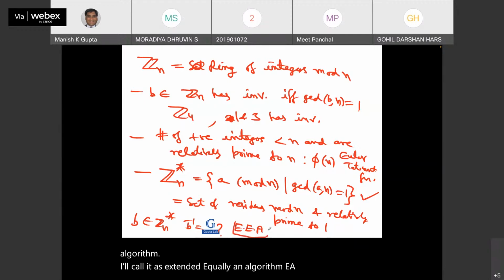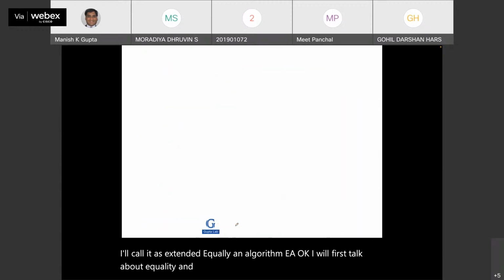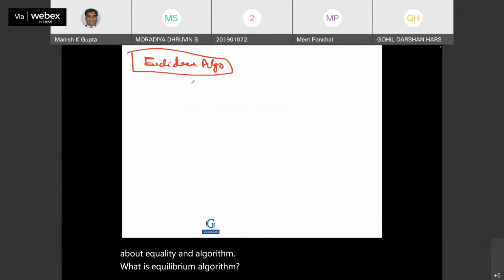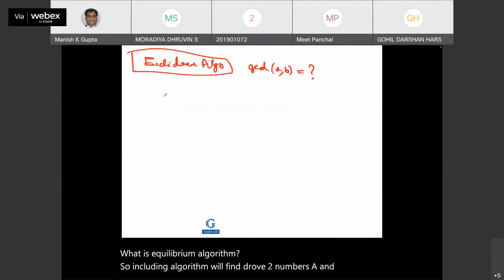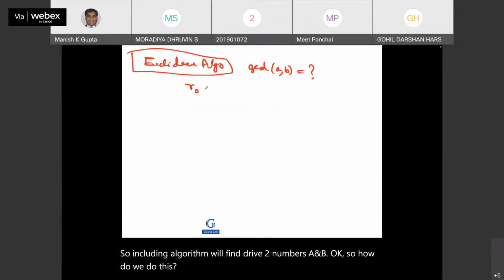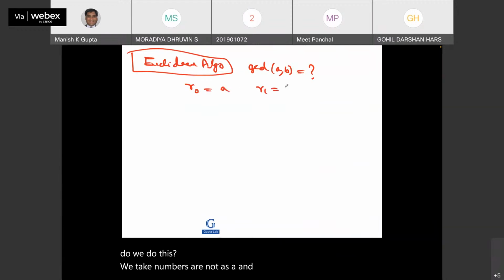I will first talk about the Euclidean algorithm. What is the Euclidean algorithm? It will find the GCD of two numbers a and b. So how do we do this? We take r0 as a and r1 as b.